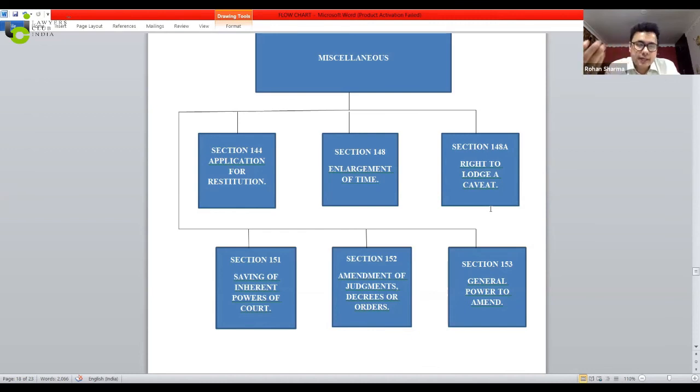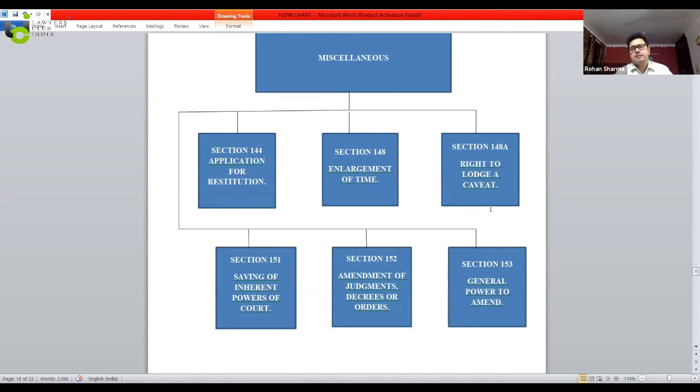So you do not need any code, you do not need any other law or statute to give these inherent powers to the court, because these powers existed with the court from the very moment when this court was established. That is why you say saving of the inherent powers. The inherent powers which already exist with the court by way of its existence are saved by this section 151.